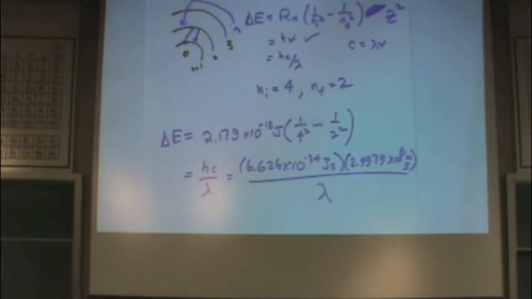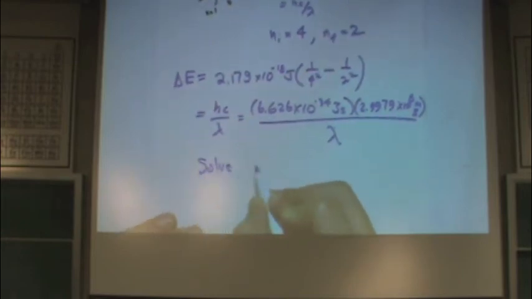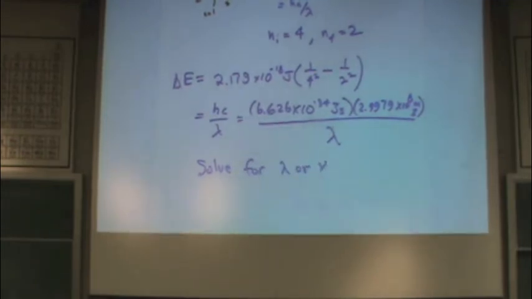If you had to identify the color of light, what you would do is solve for lambda or nu, and we would have to give you on the exam an electromagnetic spectrum which listed lambda or nu numerically. So if you find one of those numerically and look at the electromagnetic spectrum, you would see, oh, I just got 650. That's the red visible range. And that's how you would know. So you have to use one of those.